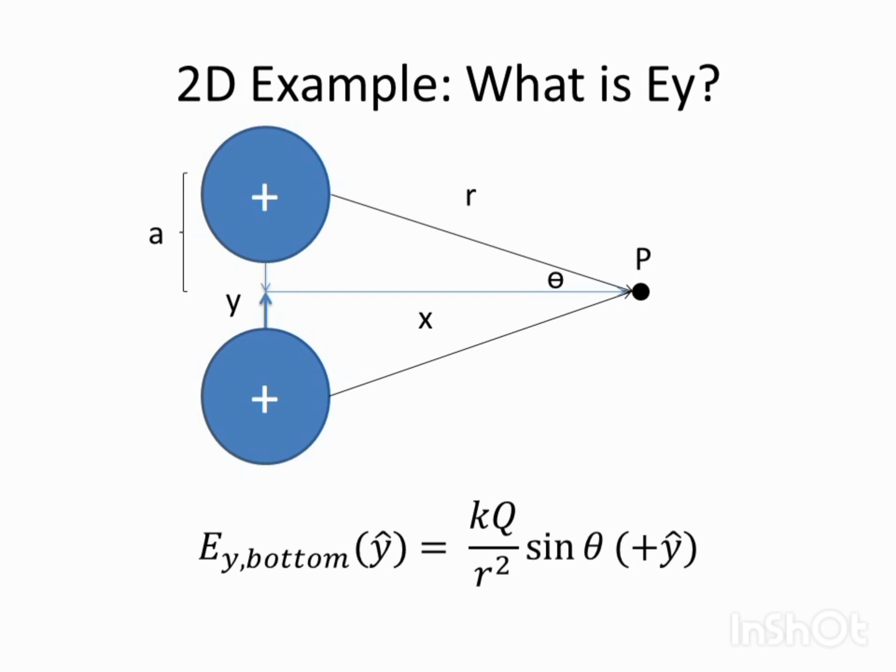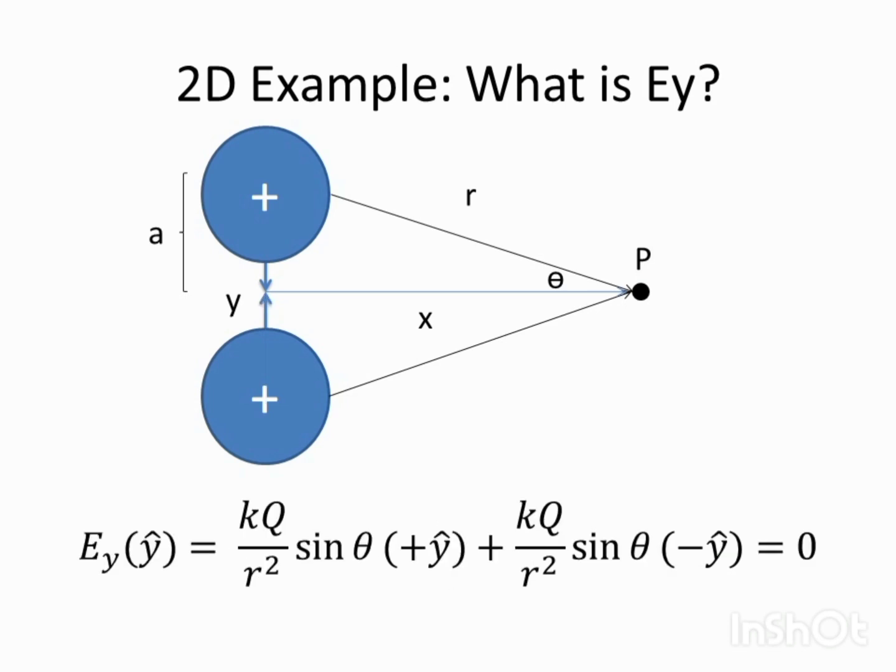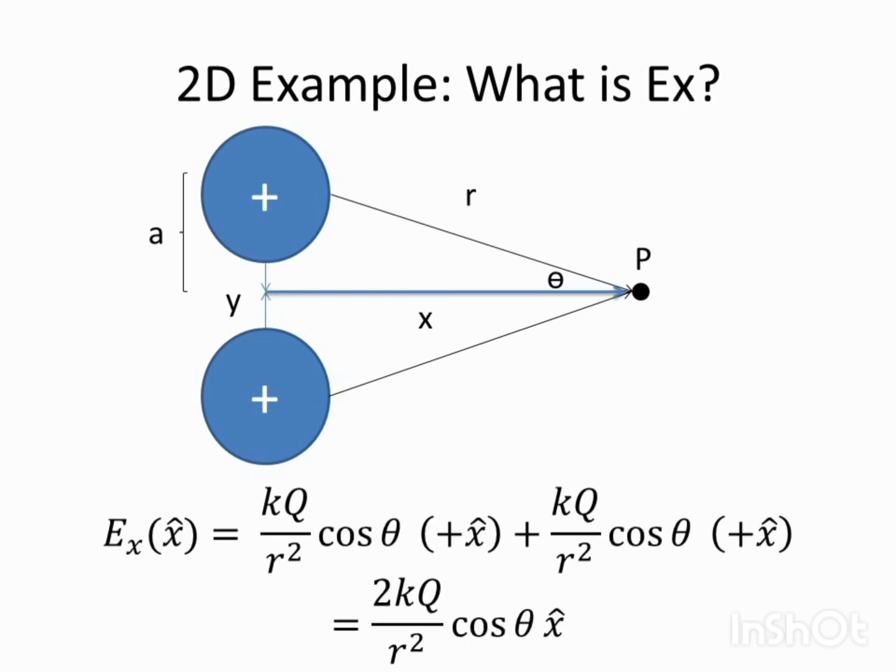From the bottom point charge, the component we obtain is kq/r² sin theta in the positive y direction. The y component of the electric field generated by the top point charge is equal in magnitude but opposite in direction. Therefore, the total y component of the electric field experienced at point P is 0.